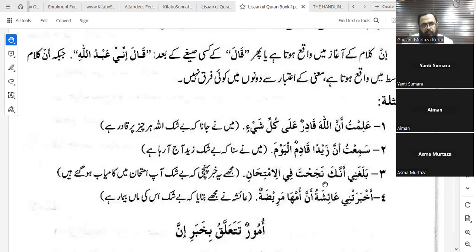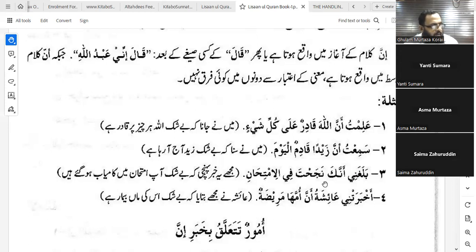Okay. Anna ummaha marizatun. Can anybody tell me, is there any concept of more than one maf'ul in a sentence? And if there is, what do we call that? Do you remember? Yes, there can be more than one object. What do you call it? Mafa'il, مفعول.